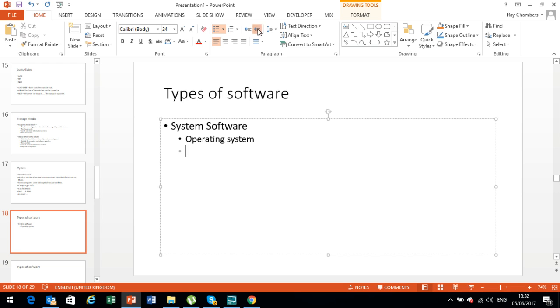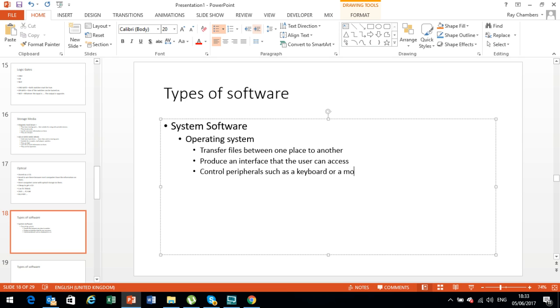Now the purpose of an operating system is to transfer files between one place to another, produce an interface that the user can access, control peripherals such as a keyboard or a mouse, protect data. Alright, so there are operating systems.